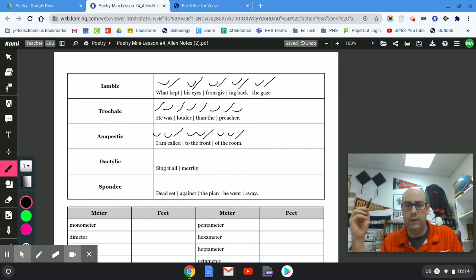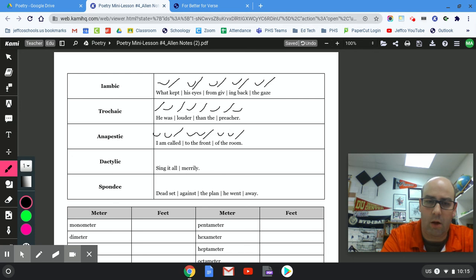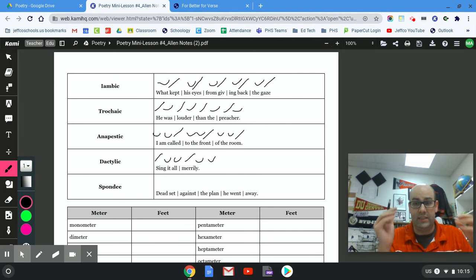I am called to the front of the room, right? And then our dactylic line is once again 3, and it's sing it all merrily. So sing it all merrily. You can see that sing has the more emphasis, and the beginning of merrily, m, has the more emphasis.